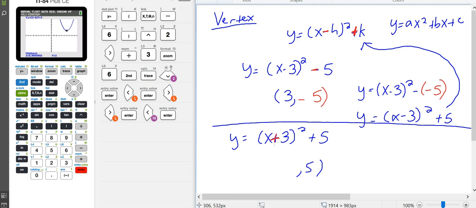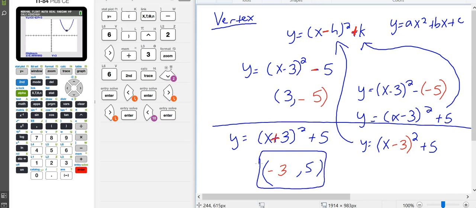So let's say we would rewrite our equation, replacing the plus 3 with a minus 3. y is equal to (x minus 3) squared plus 5. Now this equation resembles what it's supposed to. So what really is happening here, h is really negative 3, and the coordinate of the vertex is negative 3, 5.